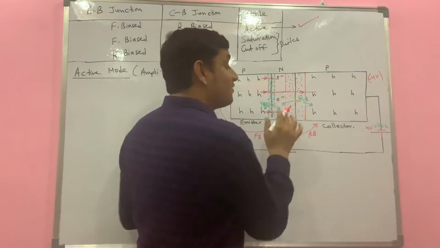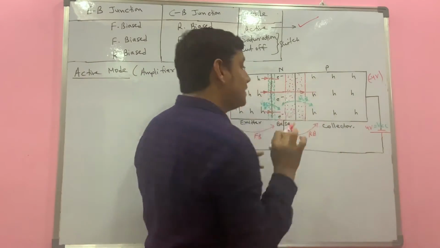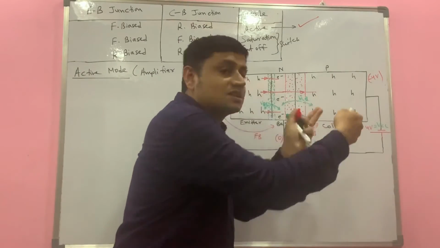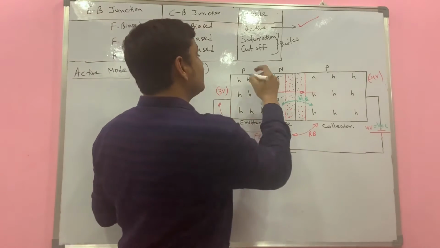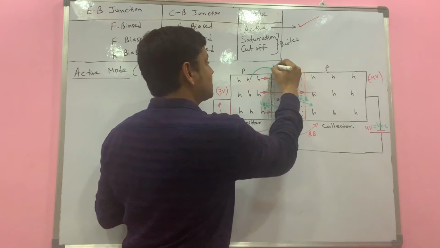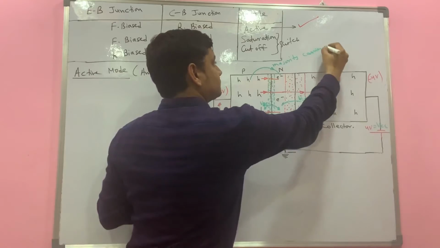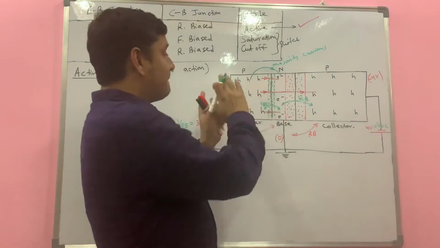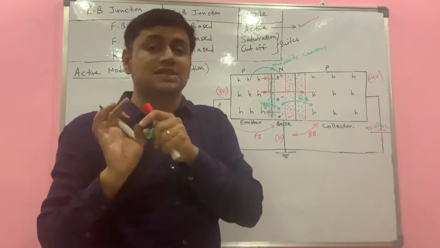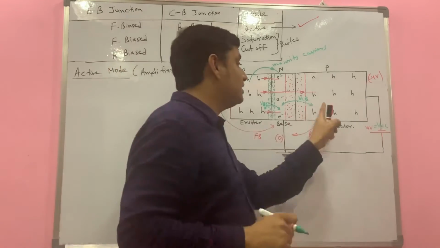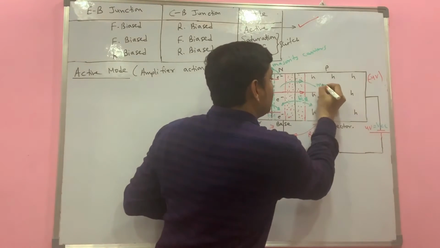So these holes would find a favorable condition to cross from base to collector, because there is an attraction. From the P side to the N side, from emitter to base, there is a movement of majority charge carriers. The same holes, which are majority and supported here, after entering the base become minority charge carriers, and to pull them again we want a reverse biasing. So now these same holes would cross it in the form of minority charge carriers.